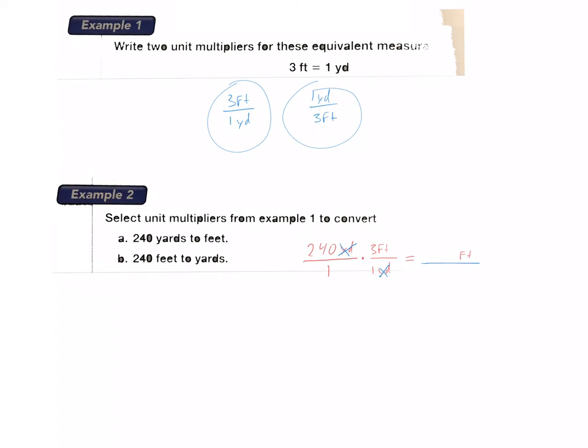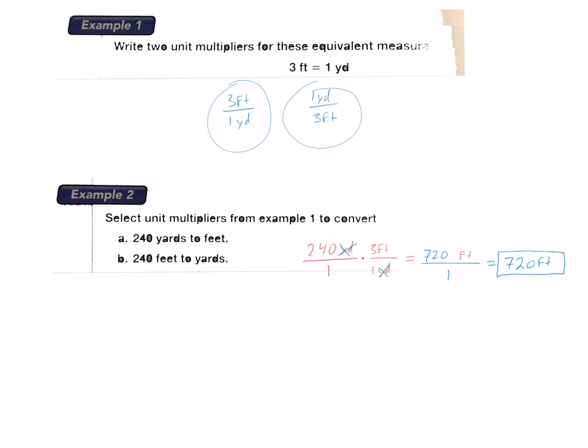My denominator will just be 1 times 1, which is 1. And my top will be 240 times 3, which is 720. So I can just write this as 720 feet. So 240 yards is equal to 720 feet.